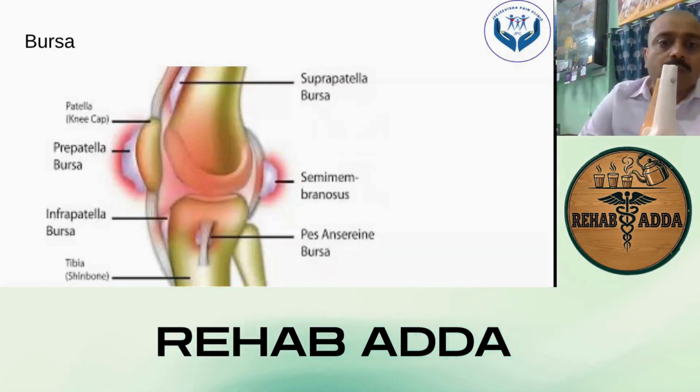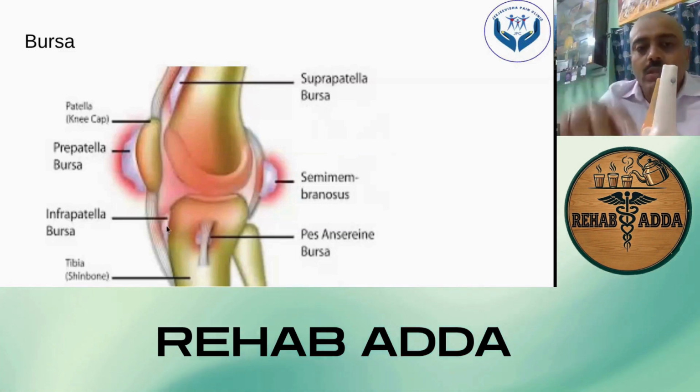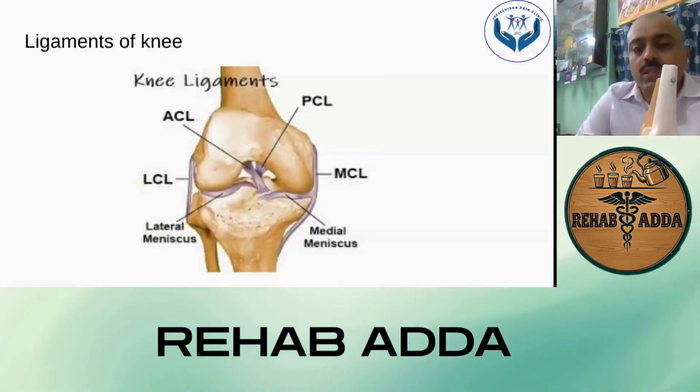So if the infrapatellar bursa area is involved, it is mainly called the clergyman's knee. And it is called that because this is the area where the clergyman puts pressure while kneeling.